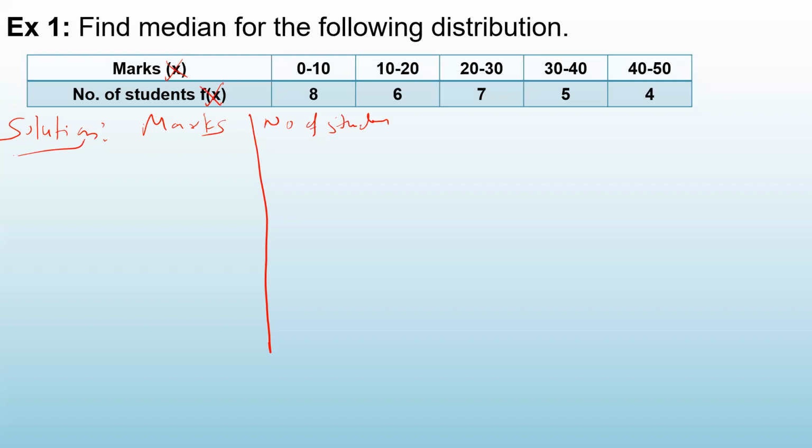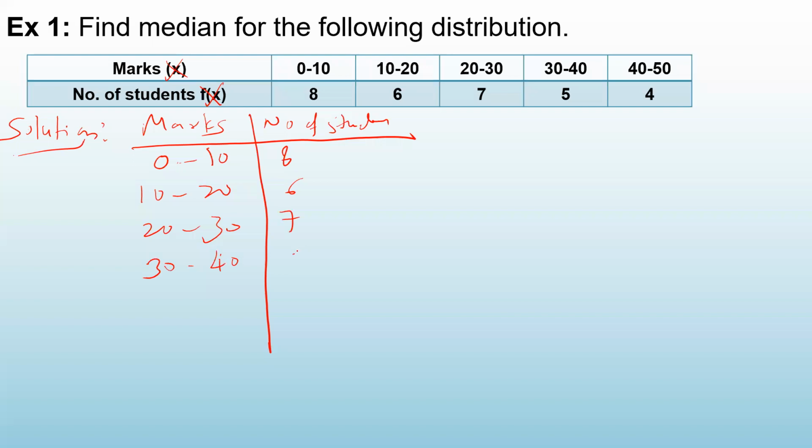Right. क्लास इंटरवल ना, यहाँ पर आपका कंटिन्यूअस टाइप का डेटा है 0 to 10 8, 10 to 20 6, 20 to 30 7, 30 to 40 5, 40 to 50 4. This is your data.